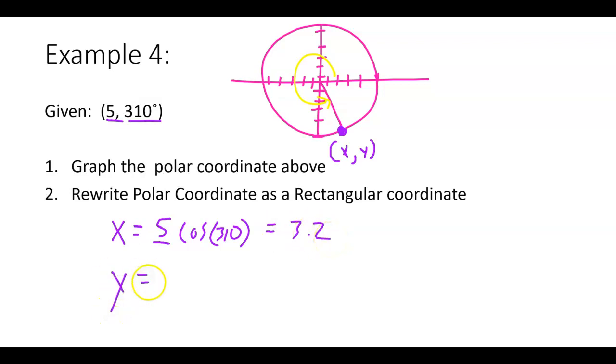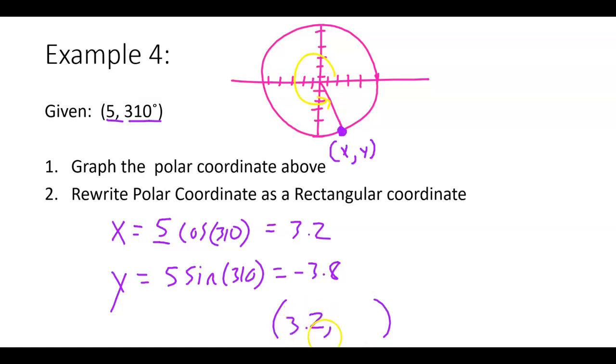Let's do the y-coordinate. The y-coordinate is the same thing, the only difference is that we use sine instead. Let's see what we get there. Negative 3.8. And there you have it. So the answer is my x-coordinate is 3.2 and my y-coordinate is negative 3.8.